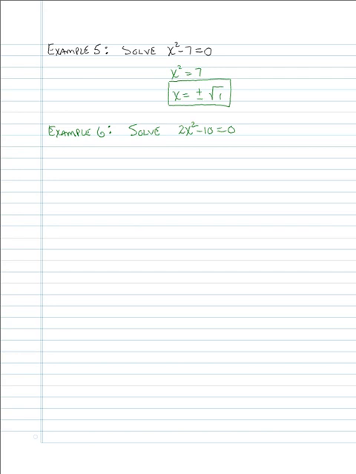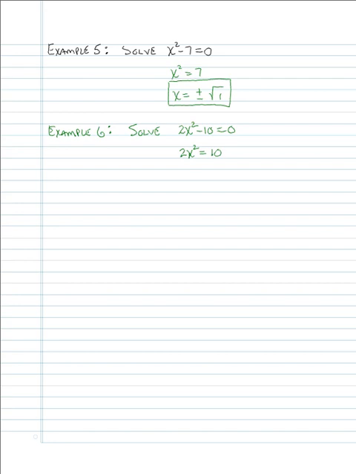So in this case, we see that what we would end up doing is adding 10 to both sides. So we would have 2x squared is equal to positive 10 on the right-hand side. Now, of course, what the issue is in this case is we have 2x squared instead of x squared. And it's imperative that we get x squared alone.